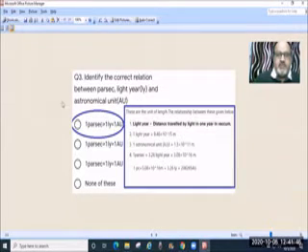Now the third question was: identify the correct relation between parsec, light year and astronomical unit. So what is a light year? This is the distance traveled by light in 1 year, and this is 9.46 × 10¹⁵ meter. Astronomical unit is the average distance between Earth and Sun. This is 1.5 × 10¹¹ meter.